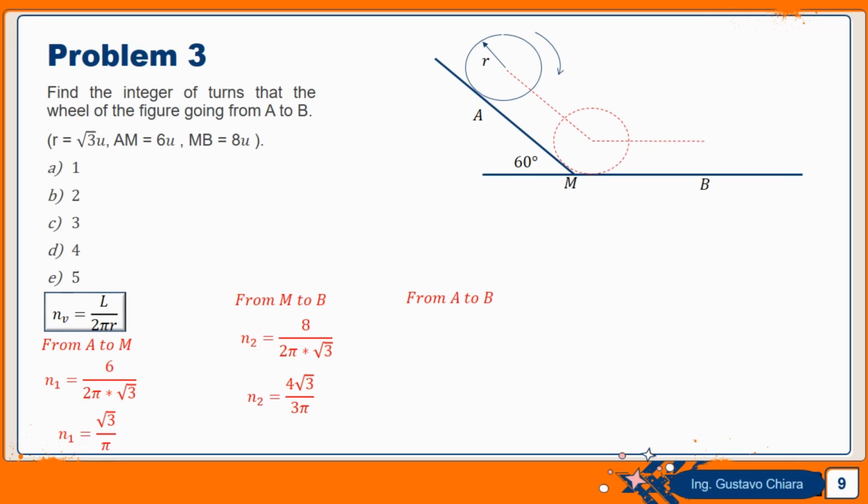Finally, from A to B, we need to add both numbers of turns. So we get that the number of turns, and obviously replace the values, is equal to 1.287064. So in that case, the answer of the problem is the letter A.